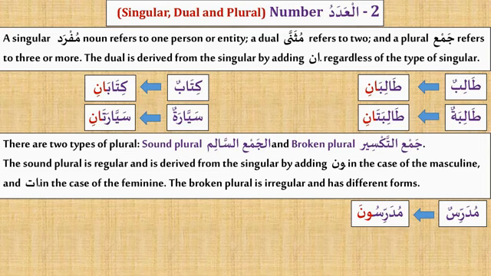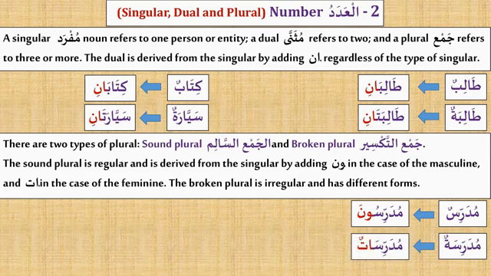An example for sound feminine plural is mudarrisatun, a female teacher. Mudarrisatun, female teachers, three or more female teachers. And this is called sound feminine plural, al-jam'ul muannath salim.